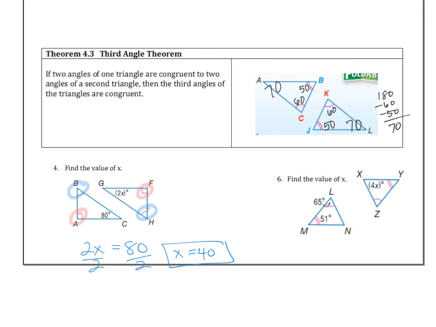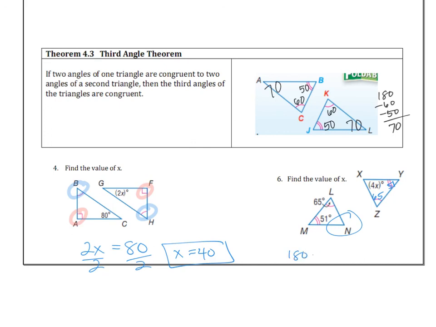So the single curve is 65 at L. So then at Z, it's also 65. And the double curve is 51. Now, we know N has to match with X, but that's not very helpful because we don't know what N is. So we either have to find N, which we can do. Why don't we do that?